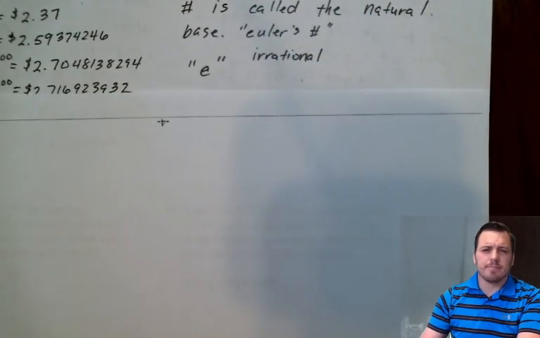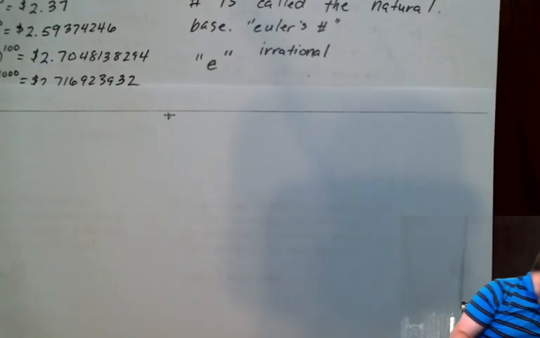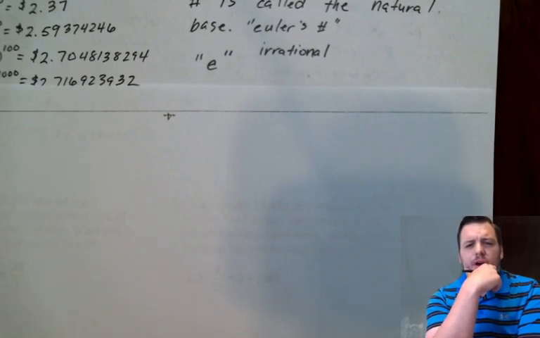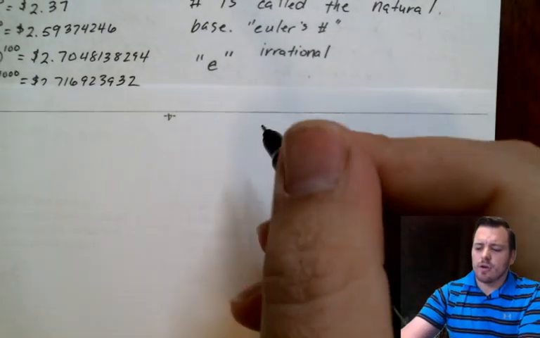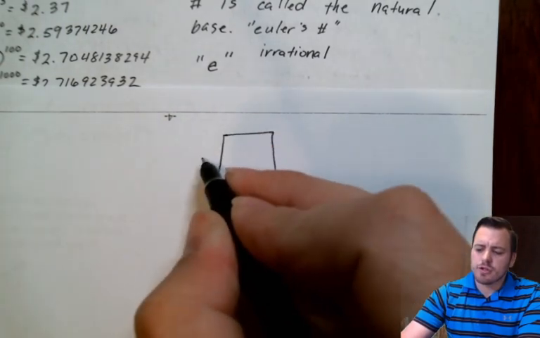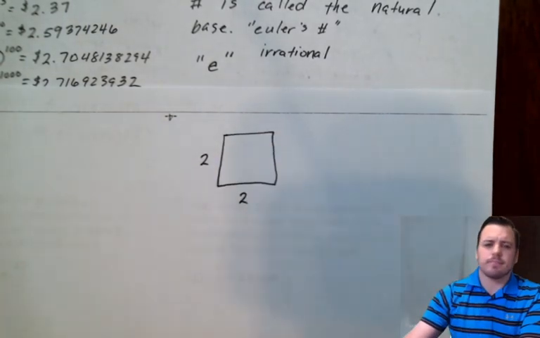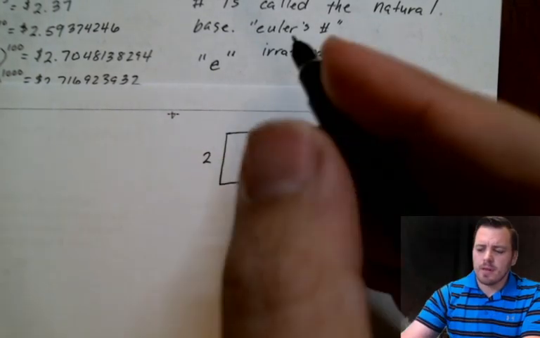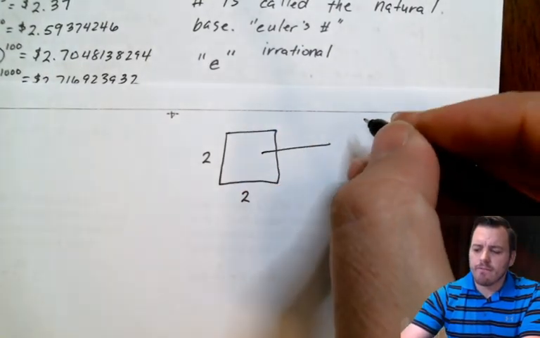Now I know I'm kind of switching off topic just for a second, but I think this is important because a lot of people don't understand where pi comes from. So if we have a 2 by 2 square, the area of that square is 4.